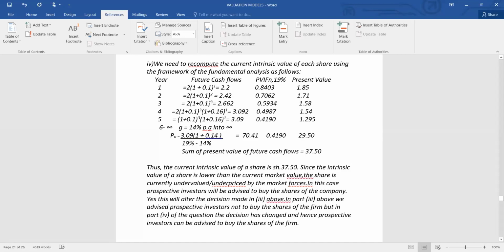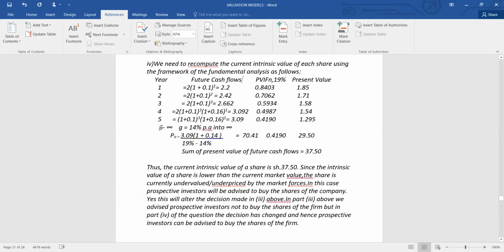If you pick it from here and subject it to a growth of 16%, does it still give you the same thing? Year 4, year 5, the growth is 16. 2.662, let it grow by 16. 3.09. Are you saying this answer is wrong? Yes, 3.09. Okay.